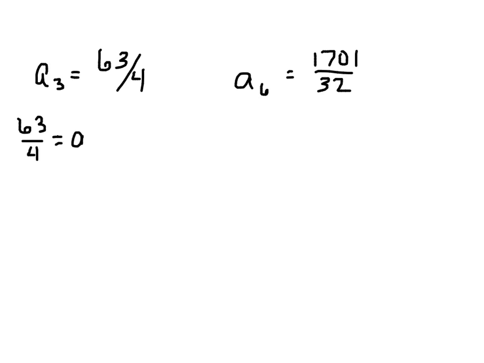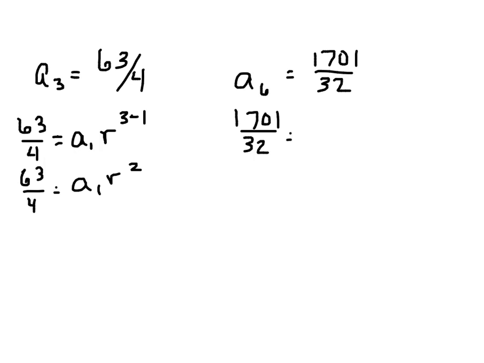So you don't know the first term, you don't know the ratio, but it would have been 3 minus 1 up here, which is 2. Over here, same thing, 1701 over 32 equals A1 R, but this time you put in 6 to get A1 R to the 5th.